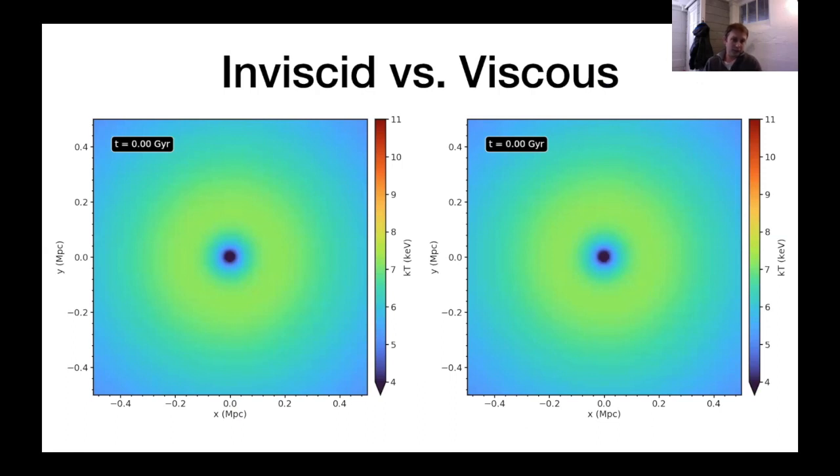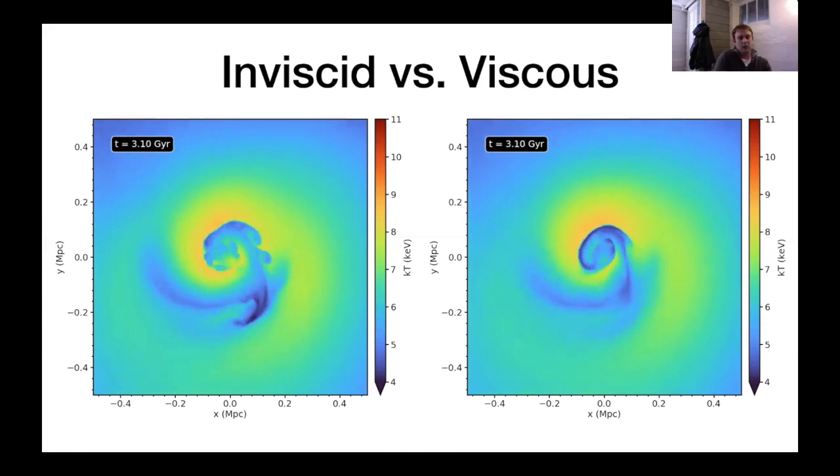Well, you're seeing a temperature slice of a simulation created in YT, where we're going to stir up the gas. On the left, you're going to see one that's inviscid, with no viscosity, and on the right, one with viscosity. We're going to stir it up by taking another cluster of galaxies and passing it through.